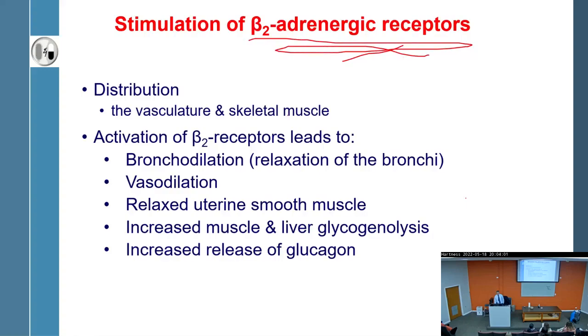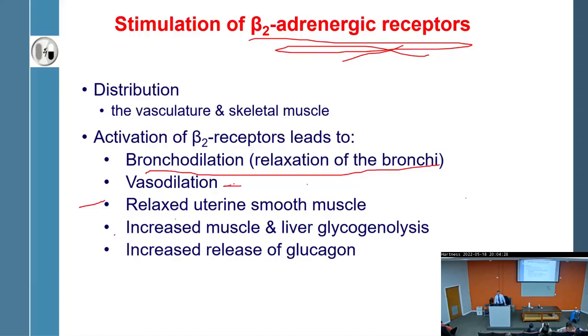I mean, they activate beta receptors because there are a lot of beta receptors in the smooth muscle in the airways. Okay, and they produce dilation, so that they can relax the airways. Bronchodilation. Activation of beta receptors can dilate the airways. That's the basis for this very important family of drugs that are used.